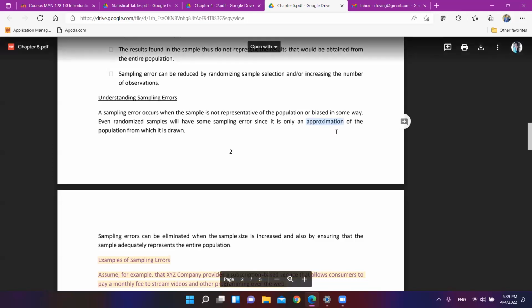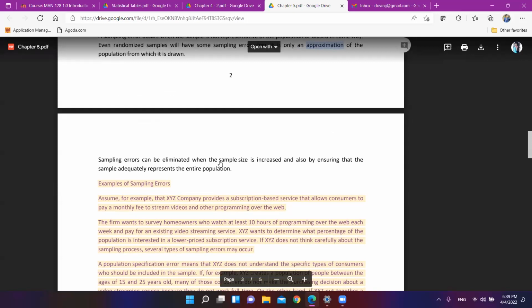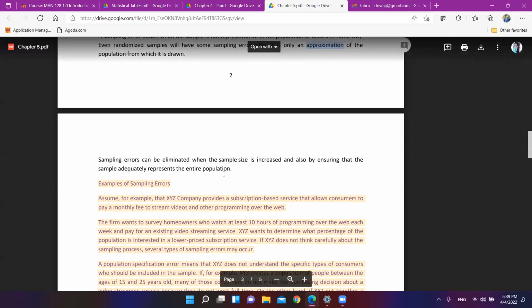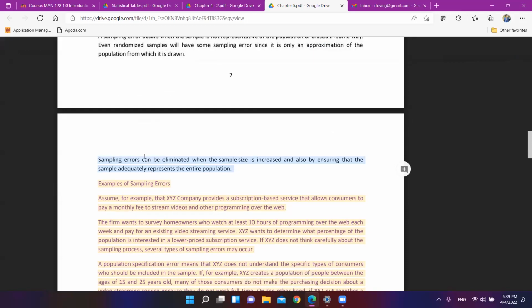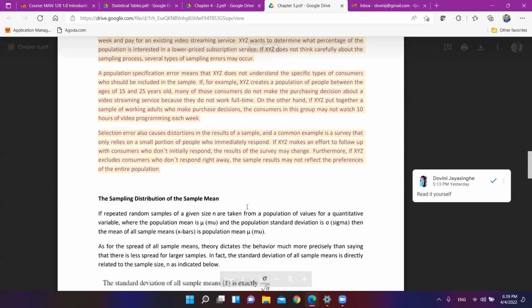It's only an approximation. අපි හිතන විදිහ. Sampling errors can be reduced when the sample size is increased and also by ensuring that the sample adequately represents the entire population. අර sampling techniques ගොඩක් පාවිච්චි කරලා කරන වැඩෙන් මේ දේ කරගන්න පුළුවන්. Well represented sample එකක් ගන්න පුළුවන්. So these are some examples, you can read through it.